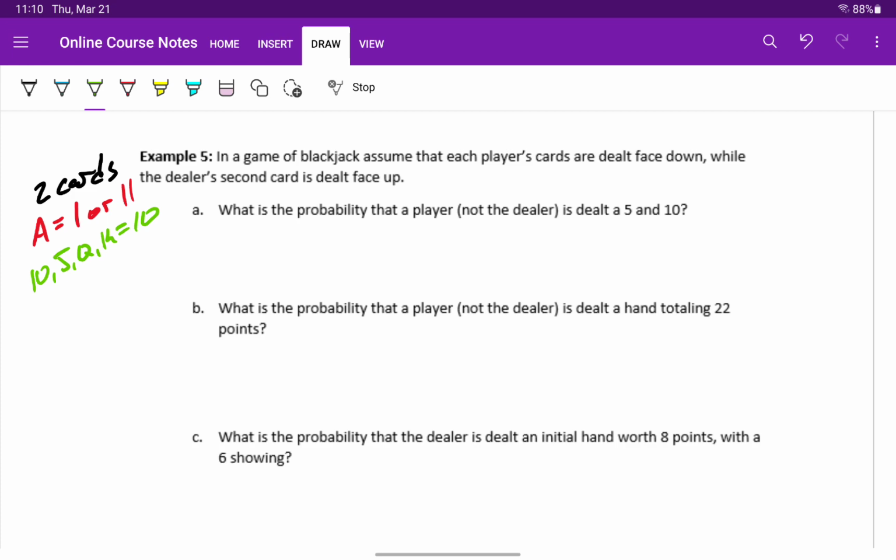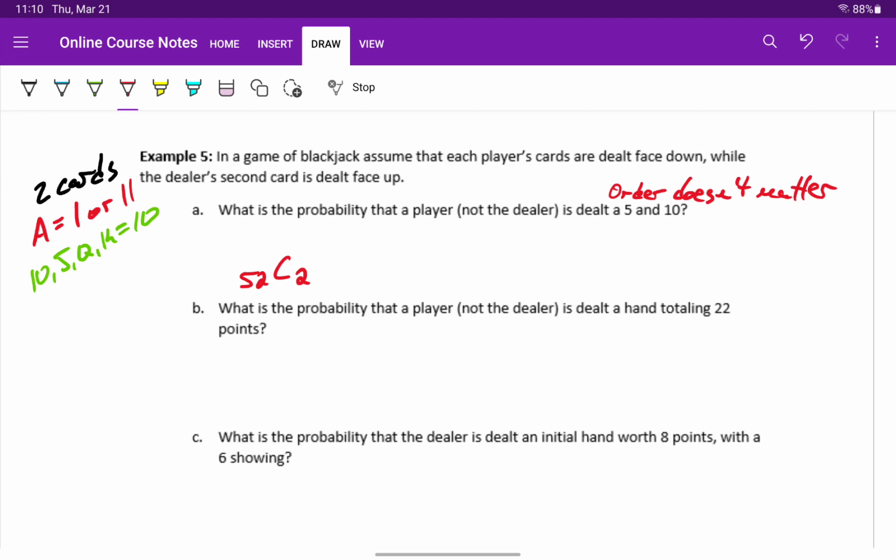What's the probability that a player, not the dealer, is dealt a 5 and a 10? So one player is going to get 2 cards, but since they're dealt face down, order doesn't matter. Doesn't matter whether we get the 5 first or the 10 first. So to come up with our total number of possible outcomes, we'll use combinations. And that will be out of 52 cards, we need to choose 2.